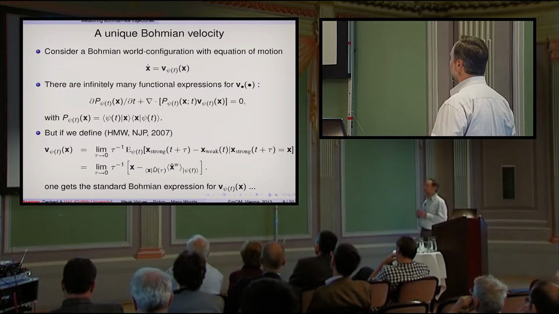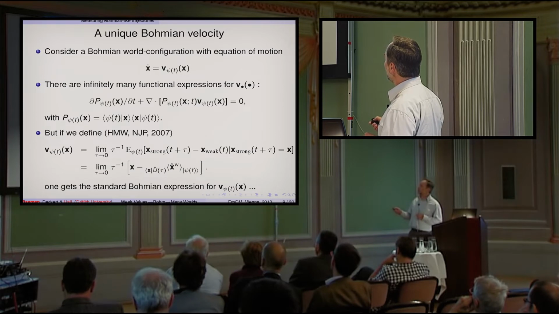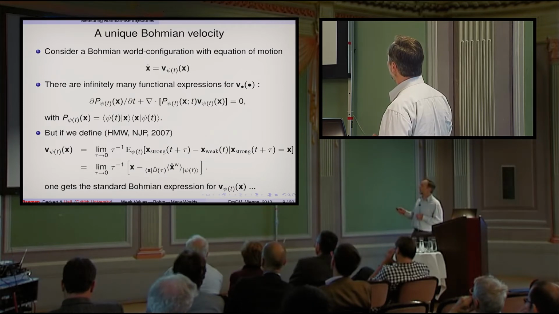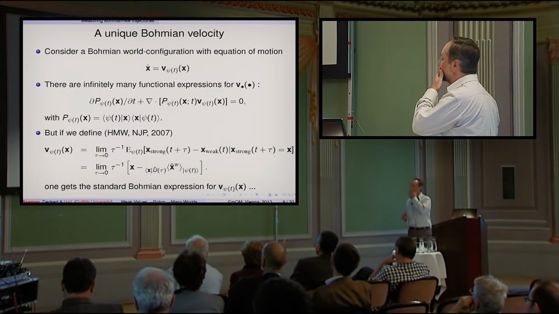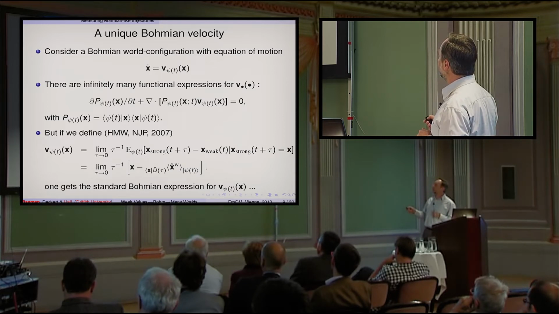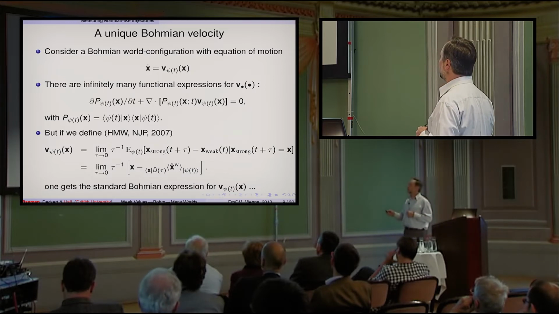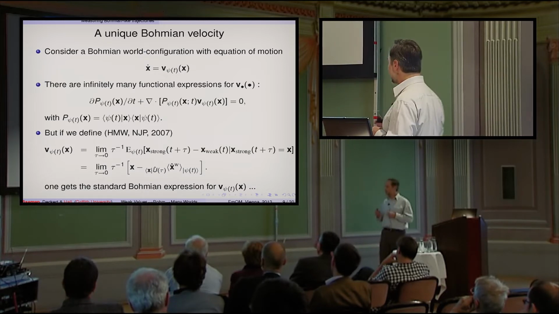I'm considering a system that could be many particles, and Bohmian mechanics says that you have a definite configuration which evolves according to some velocity, which is determined by the wave function. That's broadly what Bohmian mechanics is about. Now the point is that there are actually infinitely many functions of the velocities which I could choose, which will satisfy this continuity equation.